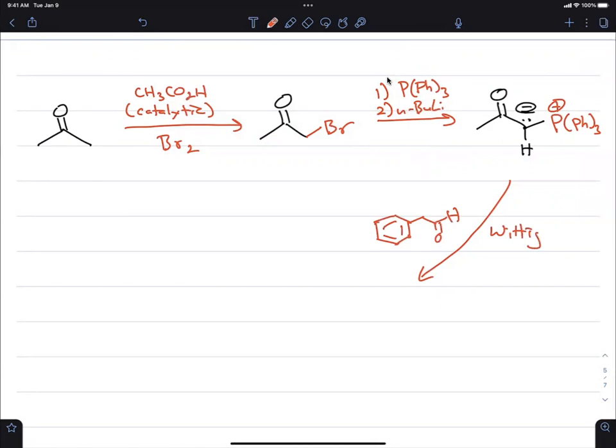And I want you to watch what we're going to get out of this. Remember what we said. When there is a carbonyl group adjacent to, now you know, alpha, to the Wittig anion carbon, you get the E product only.